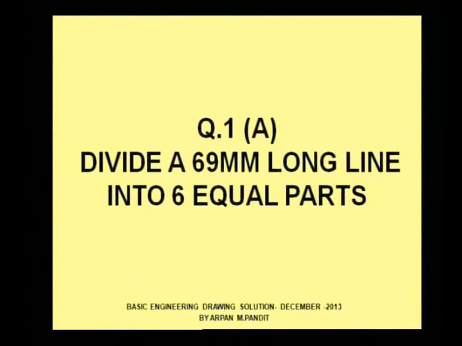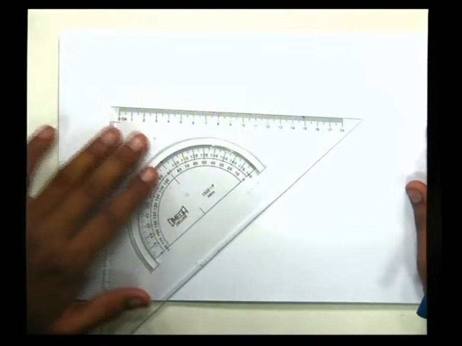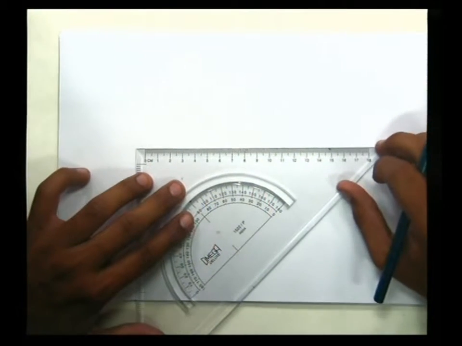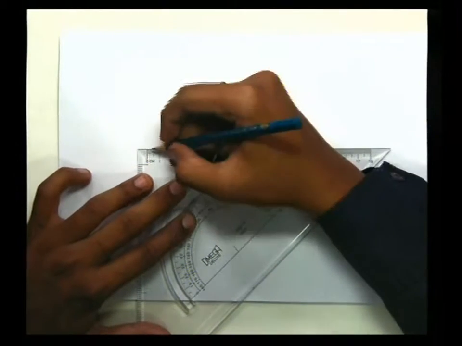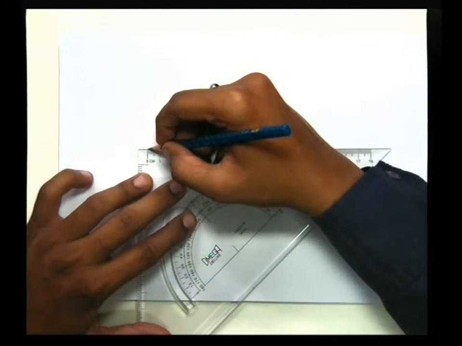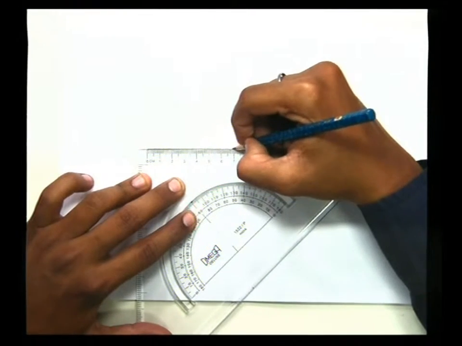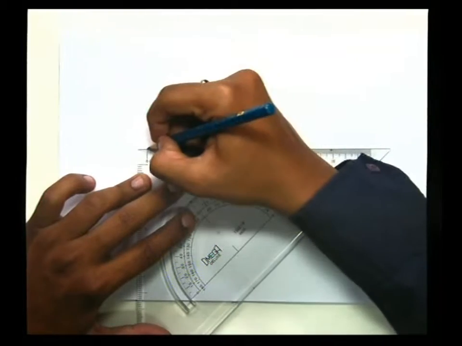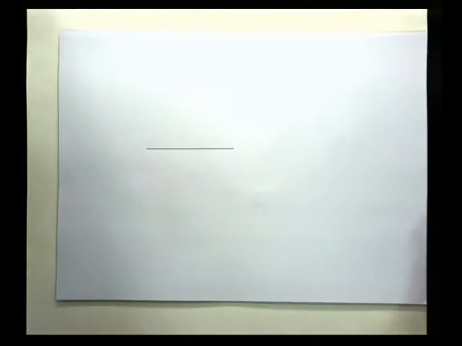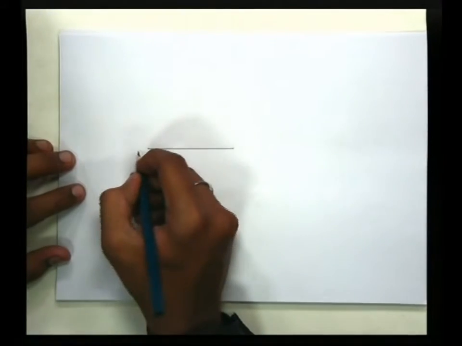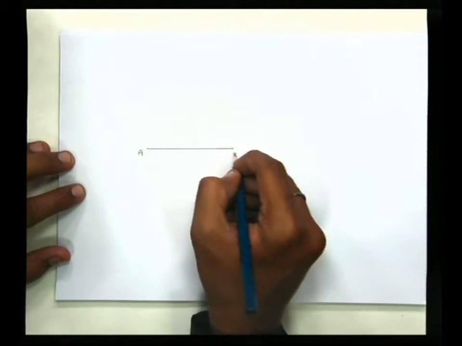parts. First of all, we'll draw a 69 mm long line. Drawn a 69 mm long line, naming it AB.